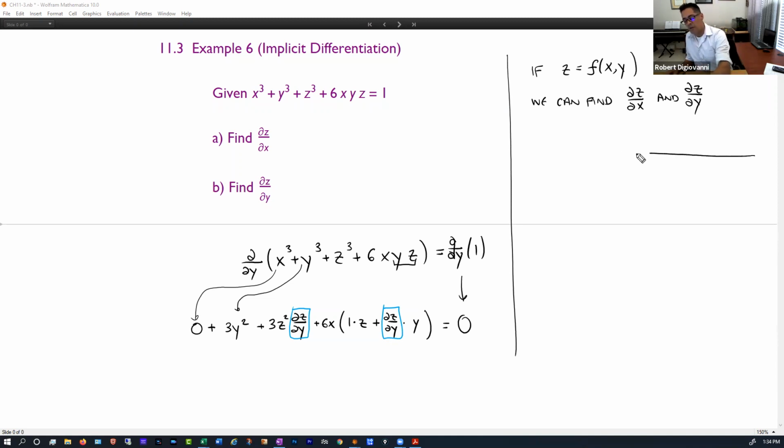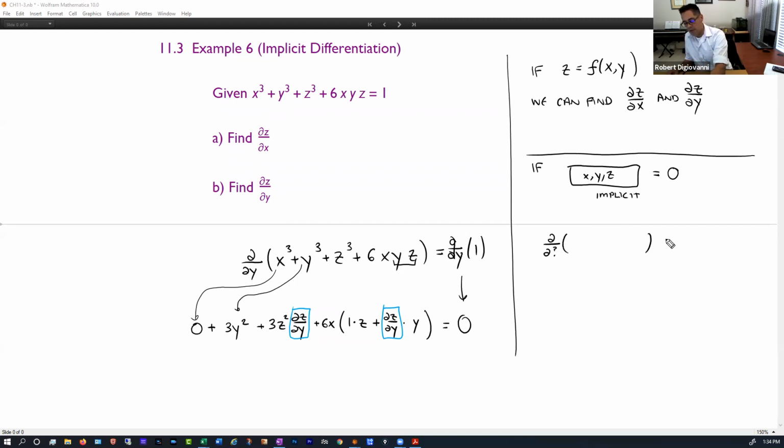But if we can't solve for z, if we have some equation equal to 0 that has x, y, and z in it, and we can't get z alone easily, so this is an implicit equation, then we'll have to take the partial on both sides with respect to some variable, whether it be x or y.